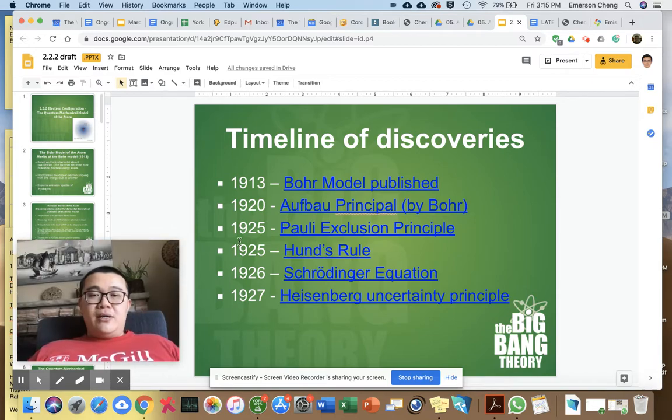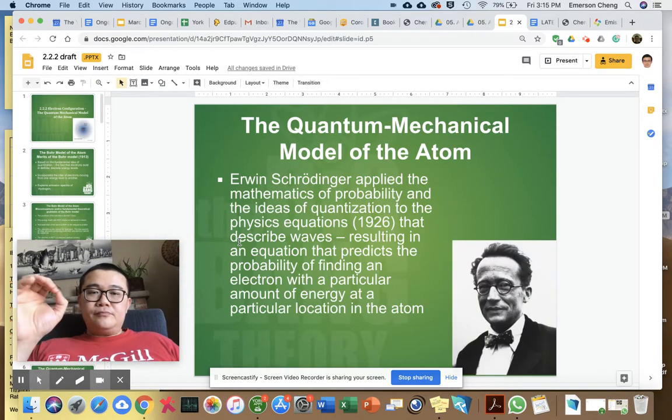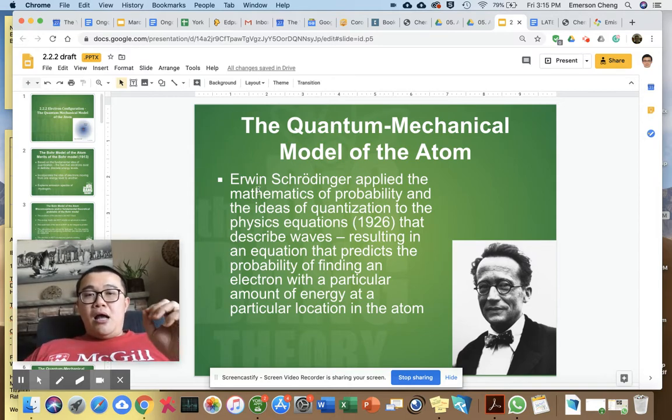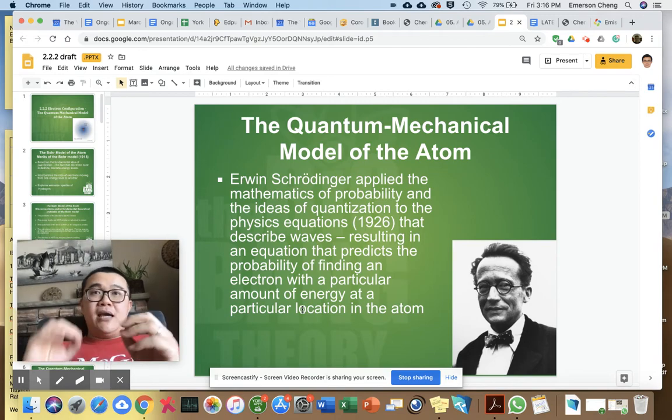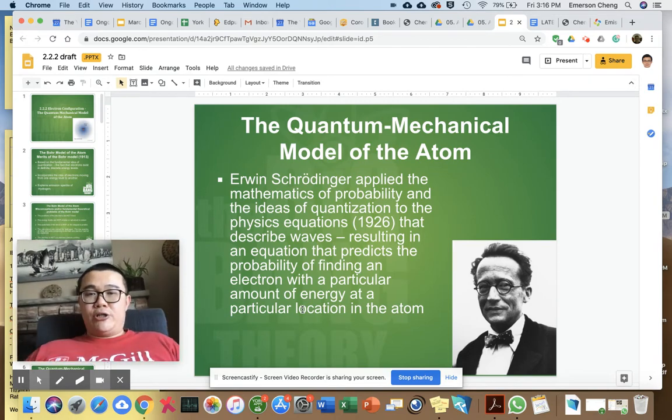So in some ways, this guy, I can't pronounce his name, he actually used math to predict the highest probability of where electrons would be at a particular location at a particular time. And it is really just a prediction.